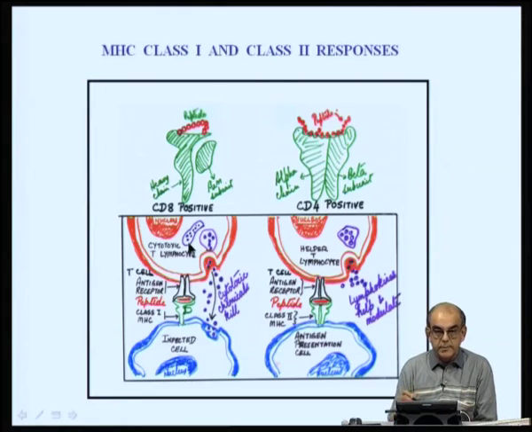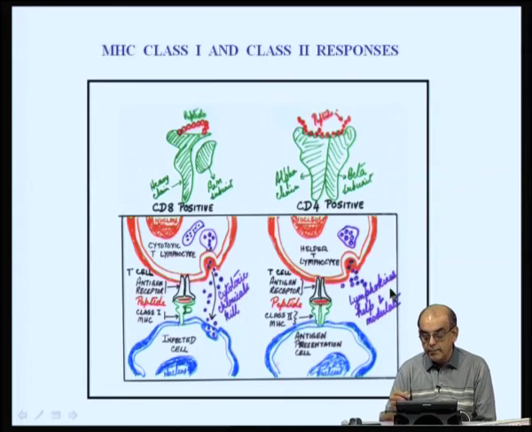chemicals being released by the cytotoxic T lymphocytes, the CD4 positive T cells are basically helper cells, in that they help by the secretion of various kinds of lymphokines, which help to modulate the proliferation or function of B cells and various other kinds of cells.